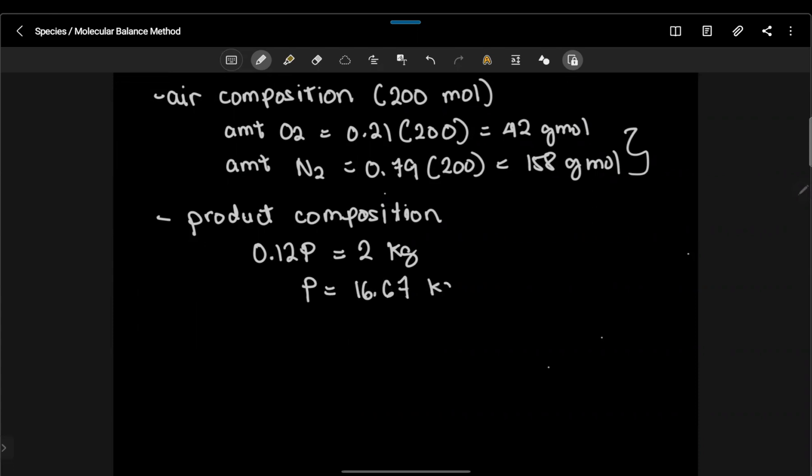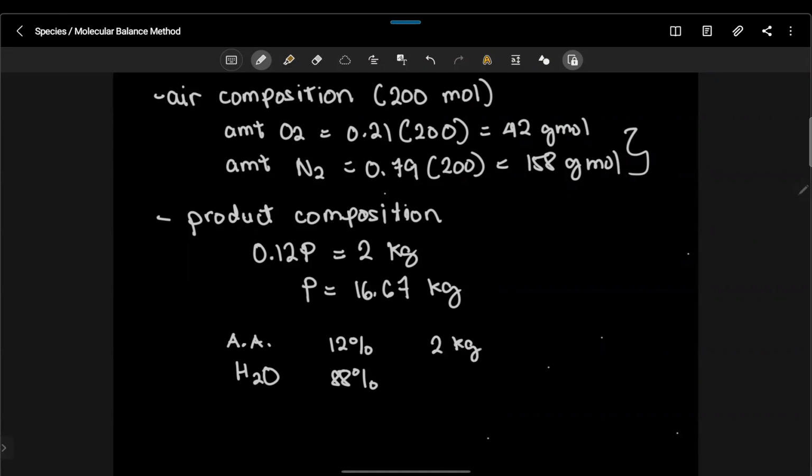kg. Ibig sabihin yan, yung 16.67 kg na yan, 2 kg dyan yung acetic acid. Okay? Kasi siya yung target production acetic acid natin. And the rest will be water. Okay? So if we will tabulate it, okay, we have here acetic acid and water. Acetic acid, di ba, 12% daw yung concentration. So the rest, meaning 88% yung kay water. Okay? So sa acetic acid, 2 kg daw.